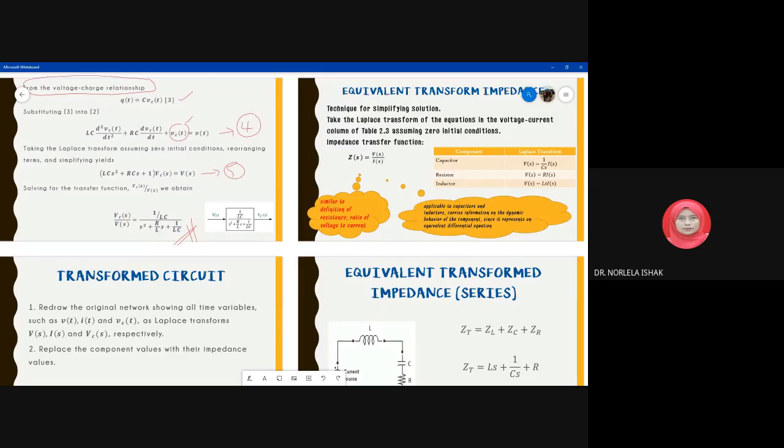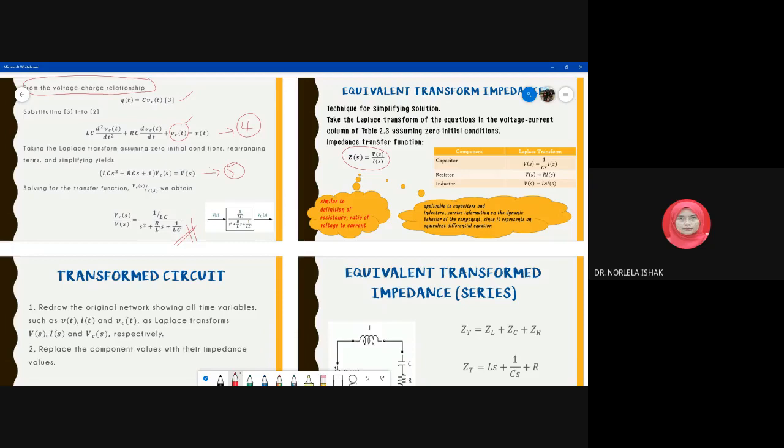And then we can get the impedance transfer function Z equal to voltage over current. I put the notes there from the impedance equation, this one. Similar to the definition of resistance, meaning the ratio of voltage to current. How to define the impedance, right?